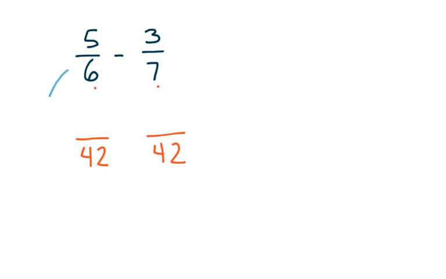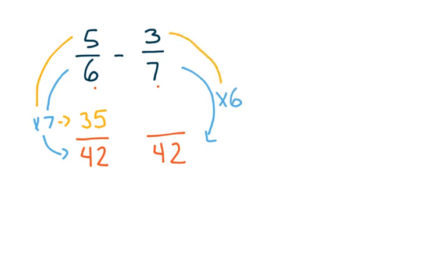Over here, let's see, 6, I had to multiply by 7 to get 42, so I've got to do the same thing to my numerator: 5 times 7 is 35. So I've created an equivalent fraction that has a denominator of 42. For the other one, well, let's see, I multiplied my denominator by 6, so I also need to multiply my numerator by 6, and so 3 times 6 will give me 18 over 42.